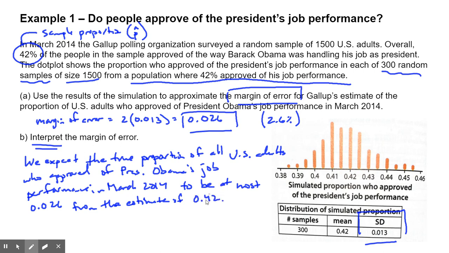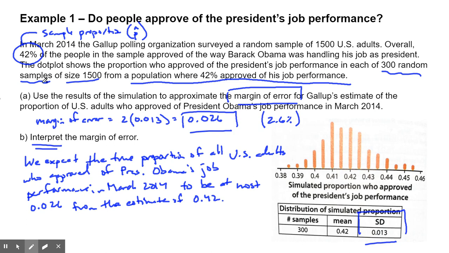Notice I write it as a proportion, not a percentage. And that is your interpretation. We expect the true proportion of all U.S. adults who approved of President Obama's job performance in March 2014 to be at most 0.026 from the estimate of 0.42.